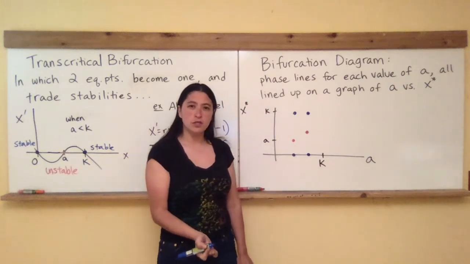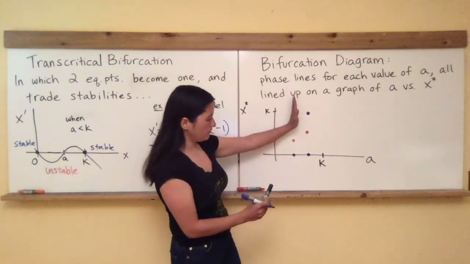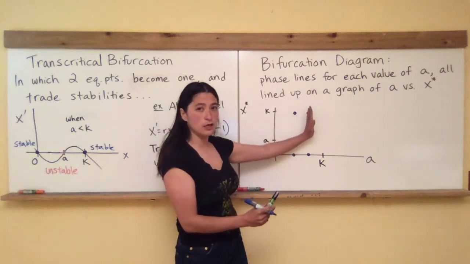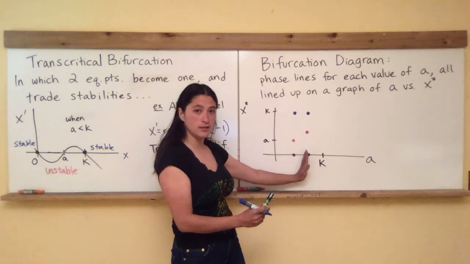You see, really what's going on here is I'm drawing one phase line for the first value of A that I talked about. Then I'm drawing another phase line for the second value of A that I talked about.